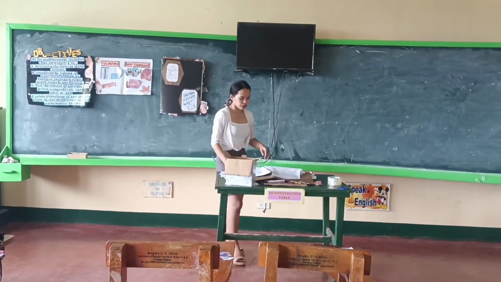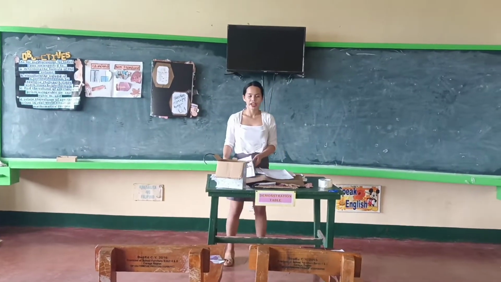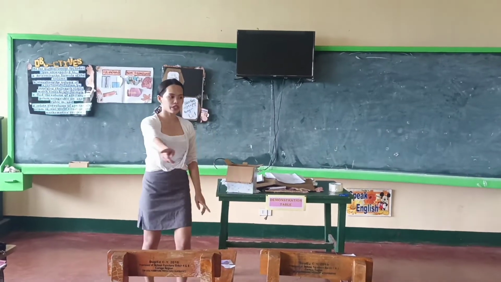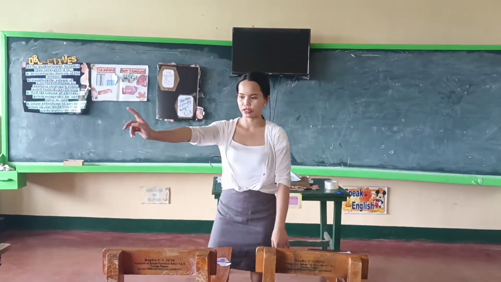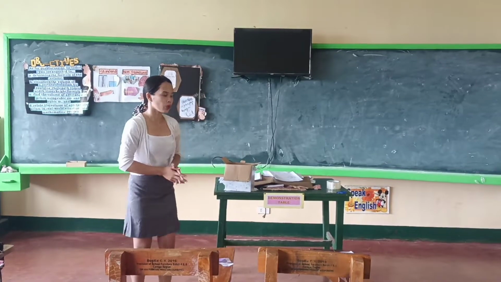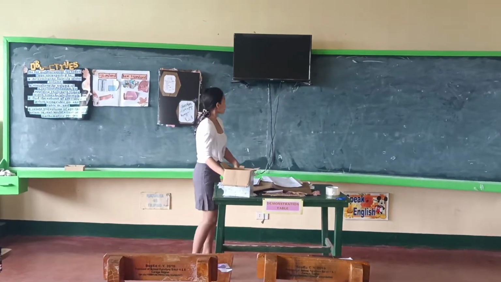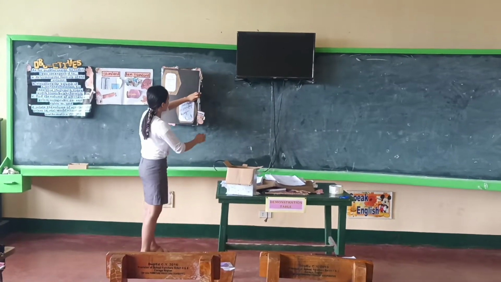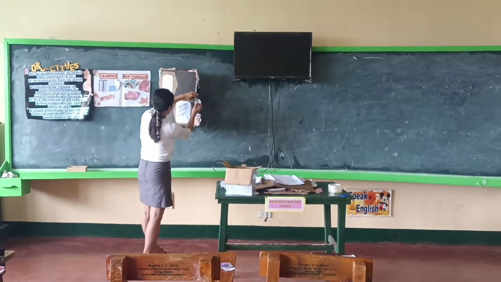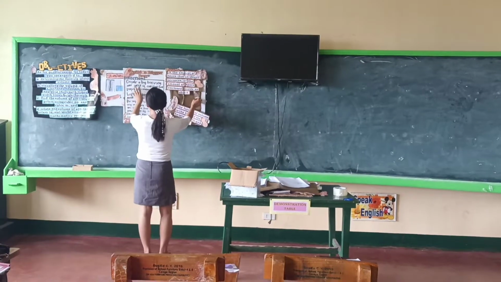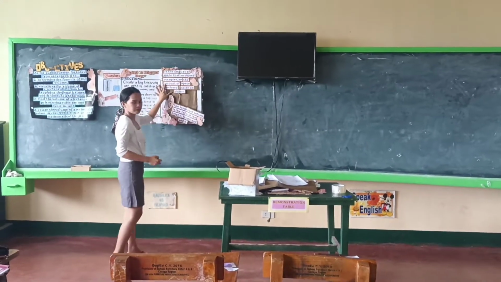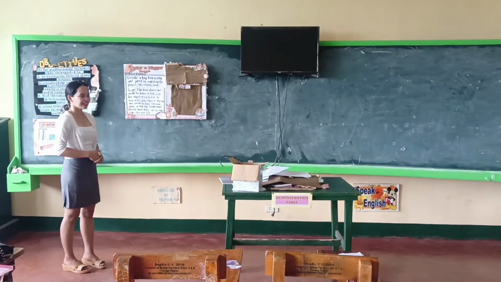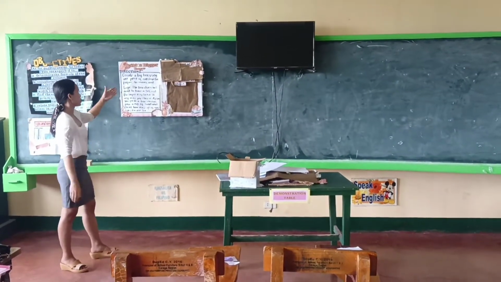This time, we will have an activity. I will group you into 5. 1, 2, 3, 4, 5. Go to your group. For the direction of our activity, the title is Build a Bigger Box.